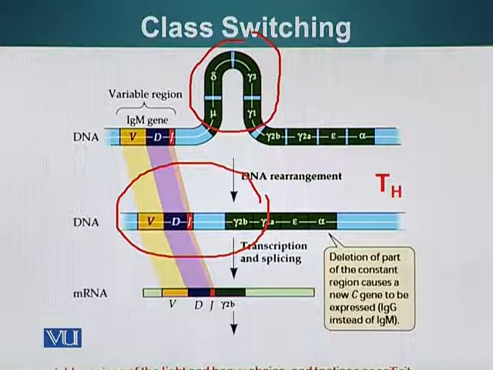When the messenger RNA becomes mature, it will lose the introns and keep the exons. Now we have mature messenger RNA, which will leave and go to the cytoplasm, where it will be translated and an antibody will be produced. Again, I would like to re-emphasize that the variable region V, D, J stays the same, so antibody specificity, which is a function of the variable region, is not changing. Only the constant region is changing, which determines the class of a particular antibody.